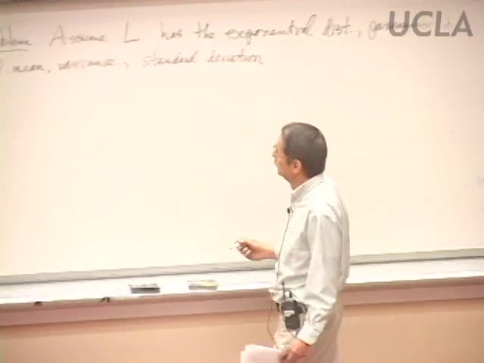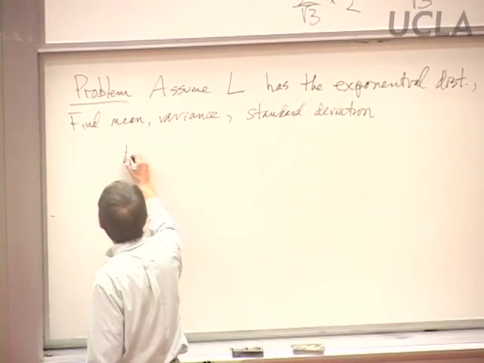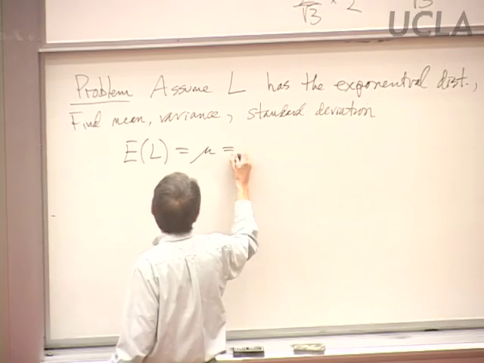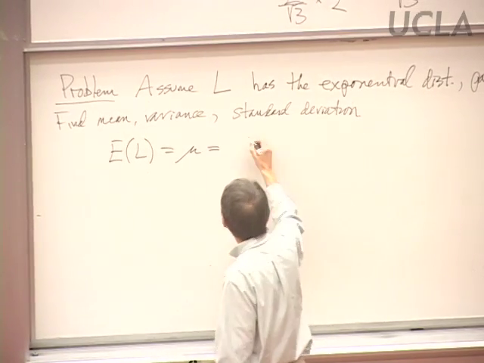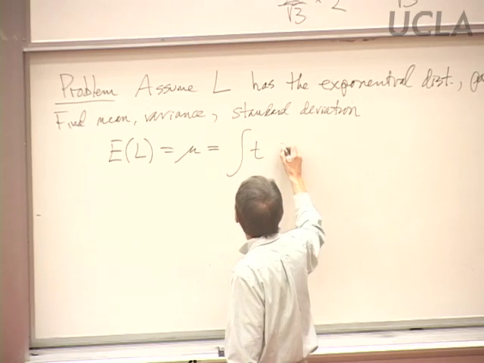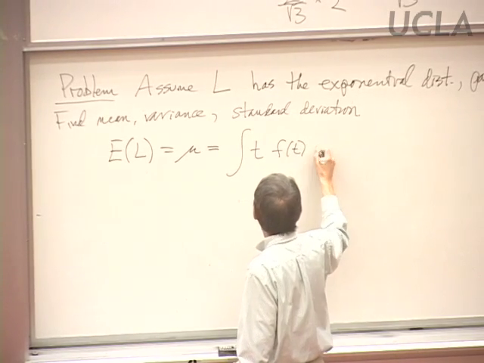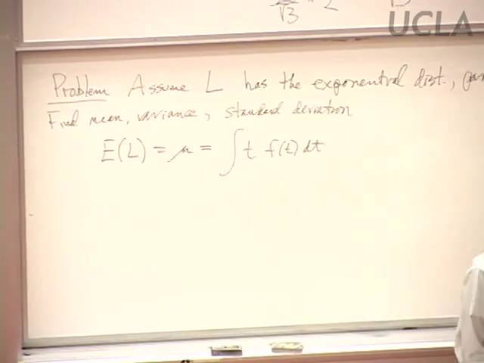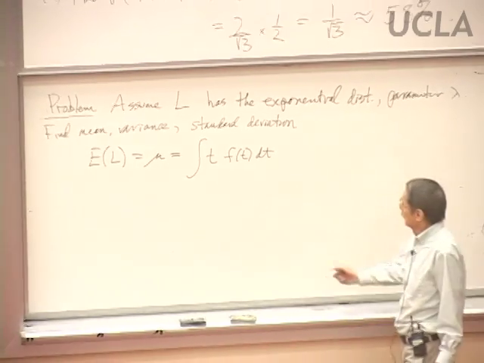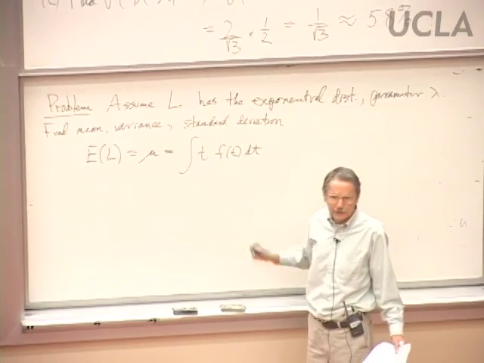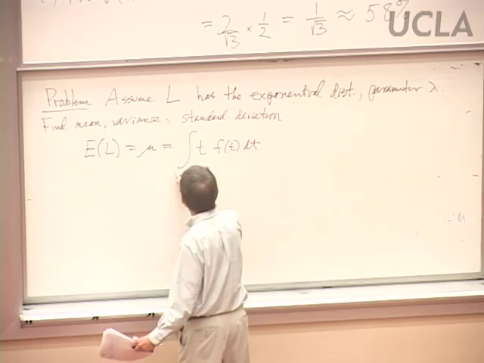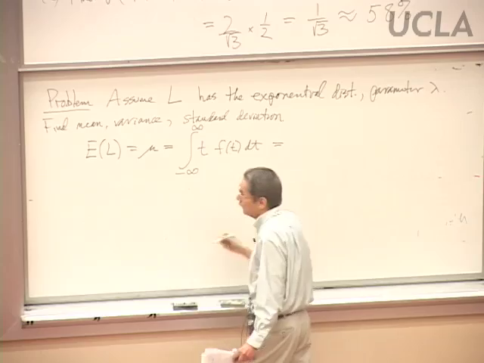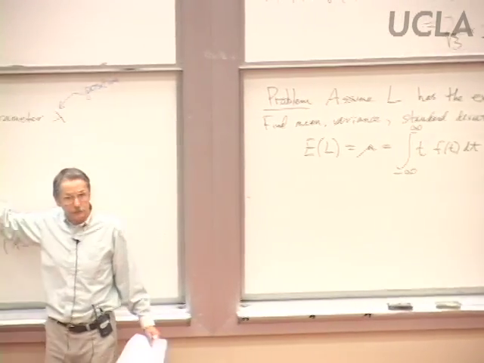Well, we know how to start. The expected value, the mean. We have a formula for it. We want to integrate, I'm going to use t instead of x, because thinking of it as time. We want to integrate t times the density function over everything. And here's the density function.